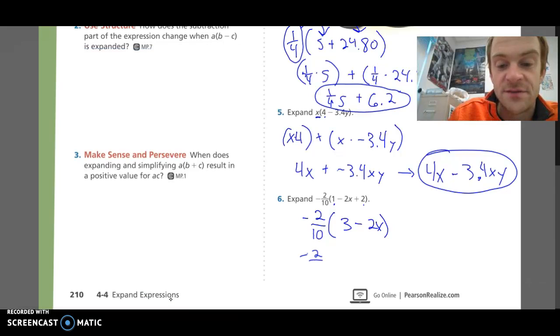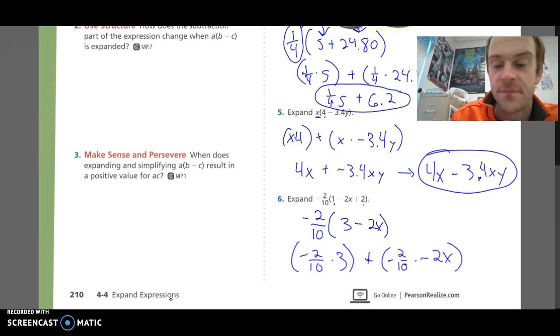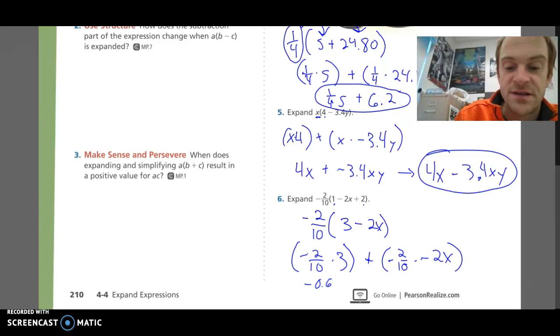So I've got negative 2/10 times 3 plus whatever the product is of negative 2/10 times negative 2x. Okay, and so now I can use my calculator. I know that this negative 2/10 times 3 is really the same thing as negative 0.6. I could write it as a fraction as well.